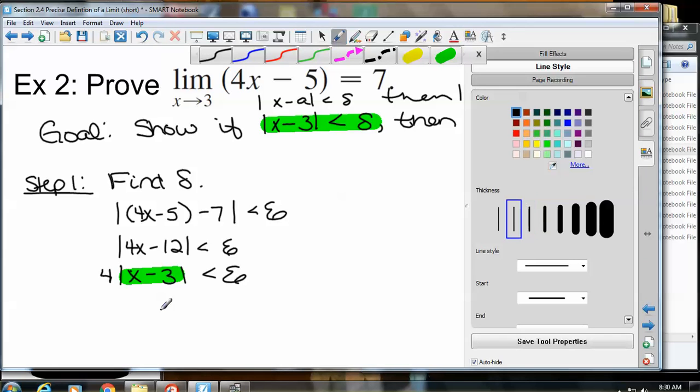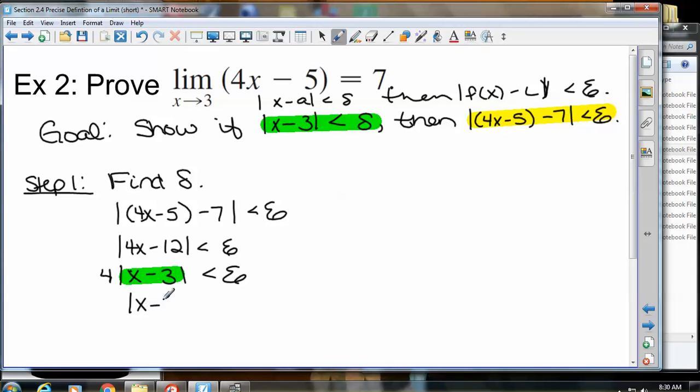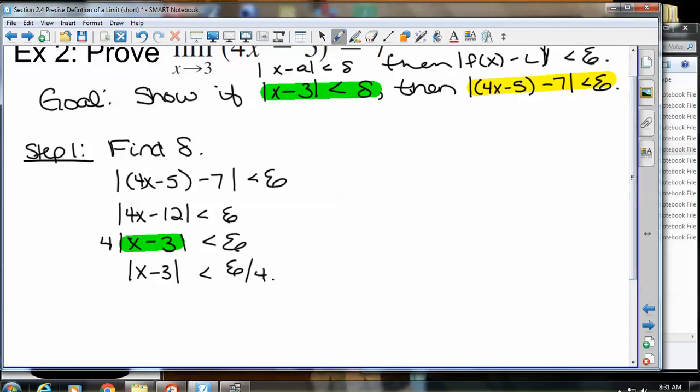What I need to do there is just divide by 4. We are done with step 1. Basically what we have done is found a formula. So if I wanted my y's to be within 1/10, you have to do 1/10 divided by 4 to get an acceptable window for your x's.